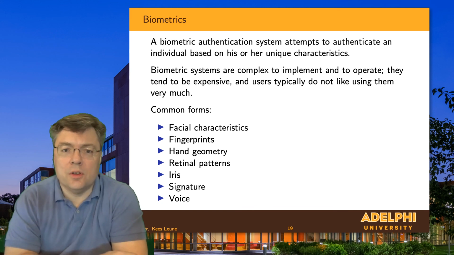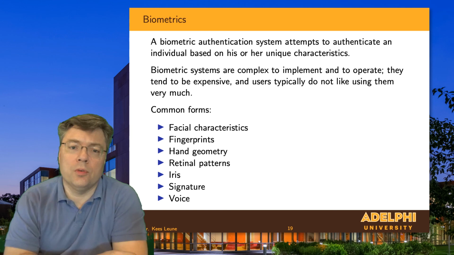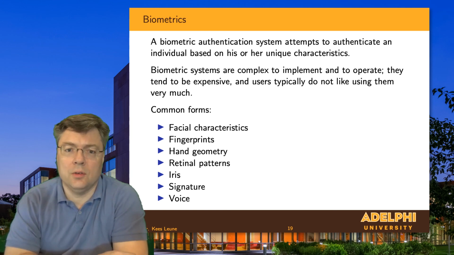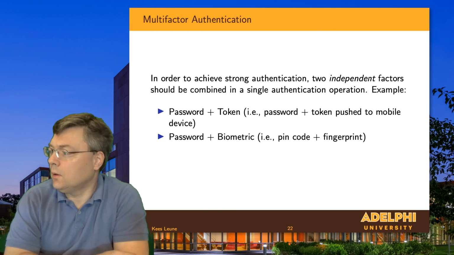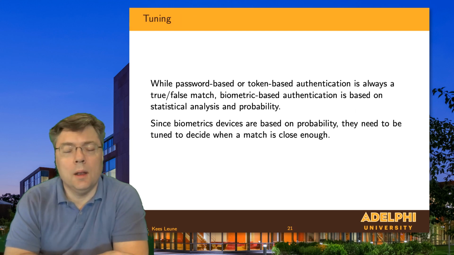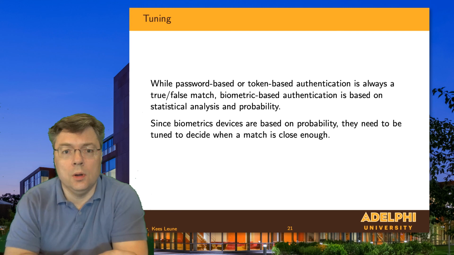The main difference, though, between biometric-based authentication and other factors of authentication is that a biometric is not a hard decision, true or false, yes or no. It is a probability, and it needs to be tuned.